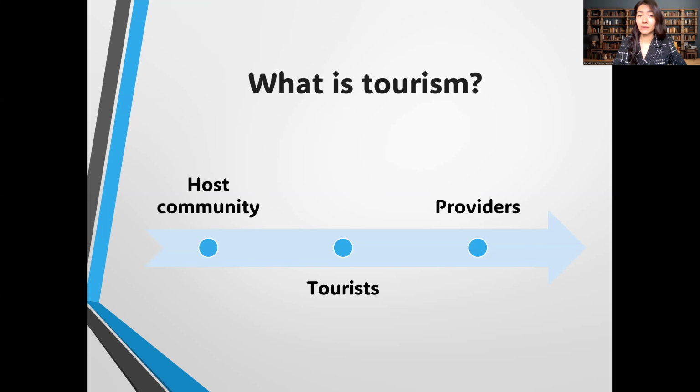What is tourism? Here we can see the diagram, which I will explain properly, because every tourism will have a host community where we can go. For example, if you go to France, it will be the host community.